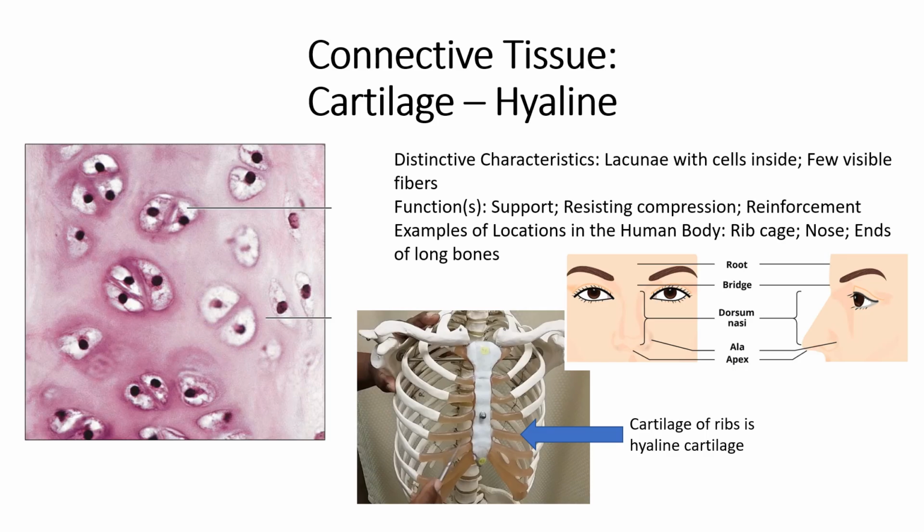Right? So the function of hyaline cartilage is to provide support, to resist compression, and to also provide reinforcement. So you find this type of cartilage surrounding the ends of your long bones, like around the head of your femur.